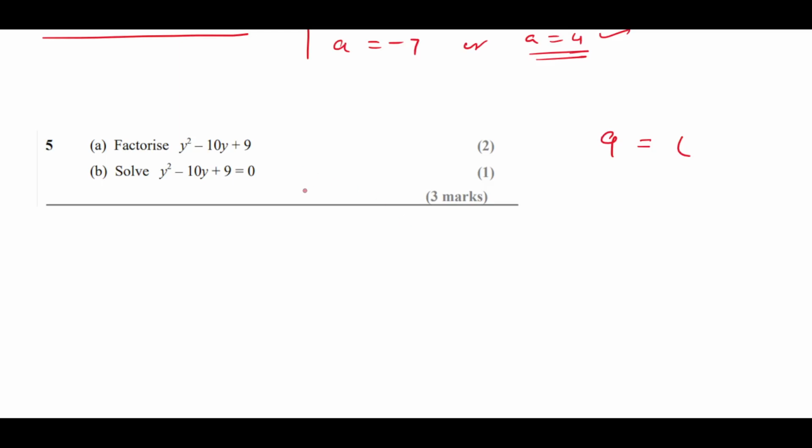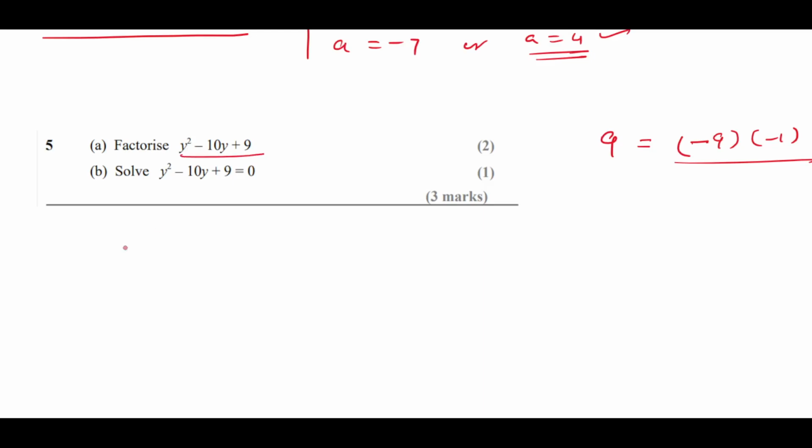As the middle term is -10, which is a negative number, both the factors are going to be negative. So here it is -9 and -1. You can also get the factors quickly as you do more and more problems. Math is all about practice, so do a lot of practice.